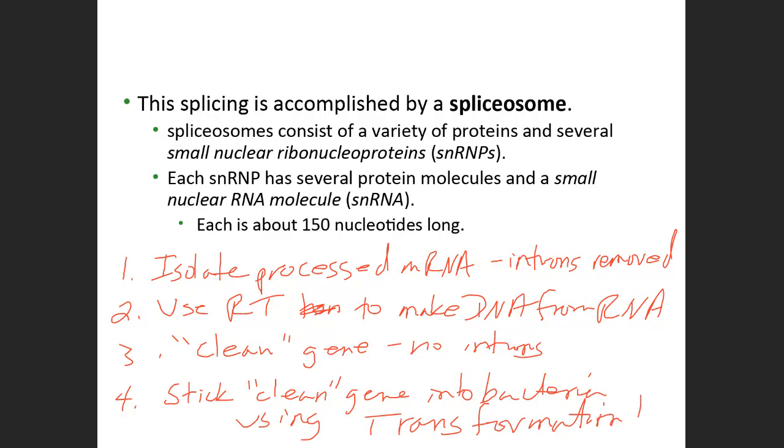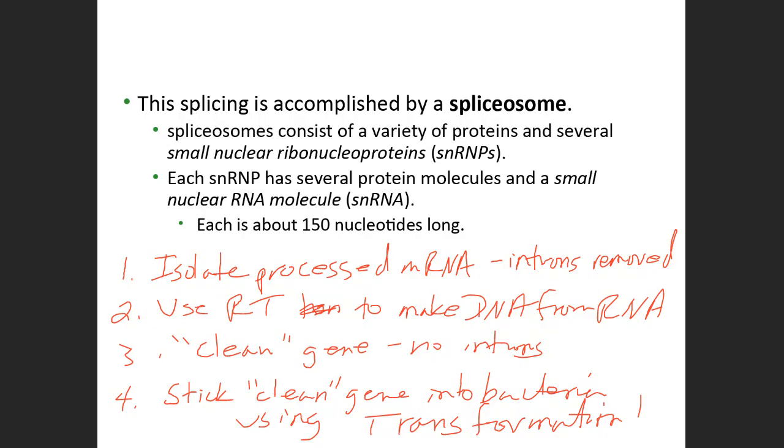We can use the process of transformation to insert that gene into bacterial cells. Next week in lab, we're going to talk about transformation and see how that can be done. So, because we learned about the enzyme reverse transcriptase, now we have a way to clone any eukaryotic gene into a prokaryotic cell.